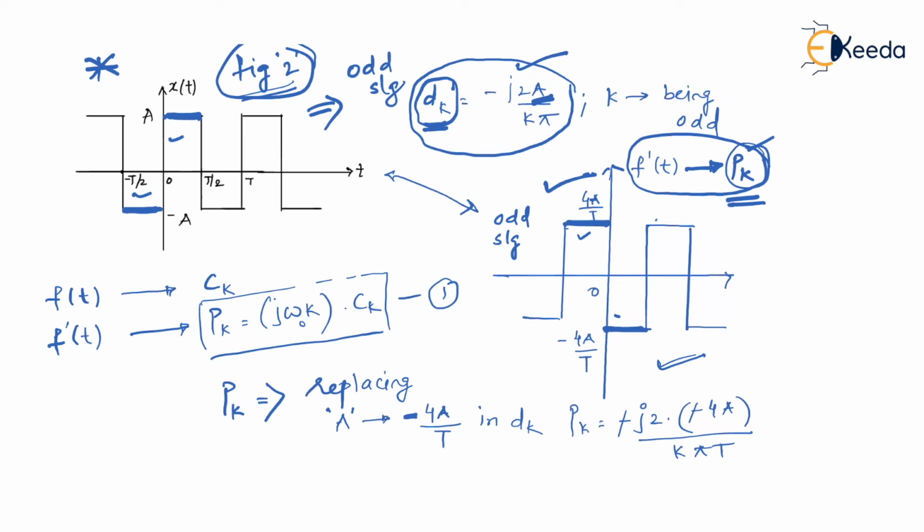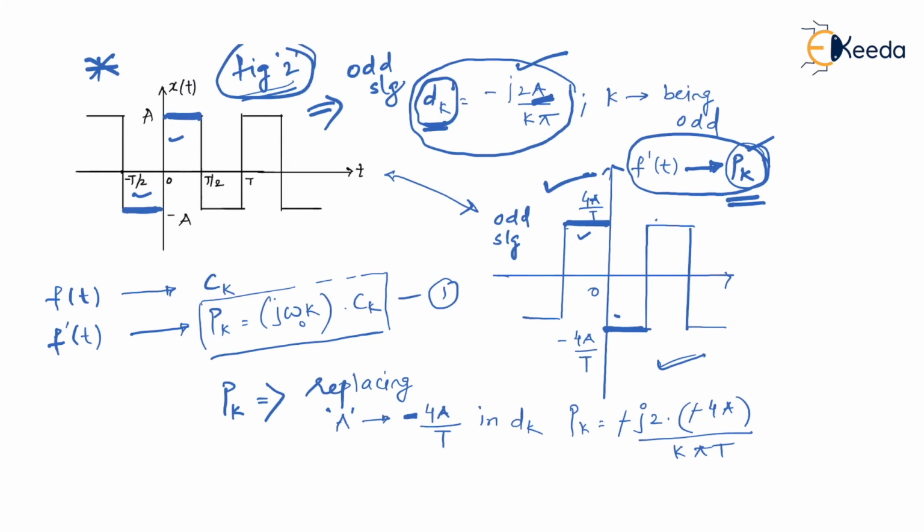Finally pk is j times 8a upon k pi T. So I'll call this equation number 2, which shows the value of pk, which is j times 8a upon k pi T, where k is odd.